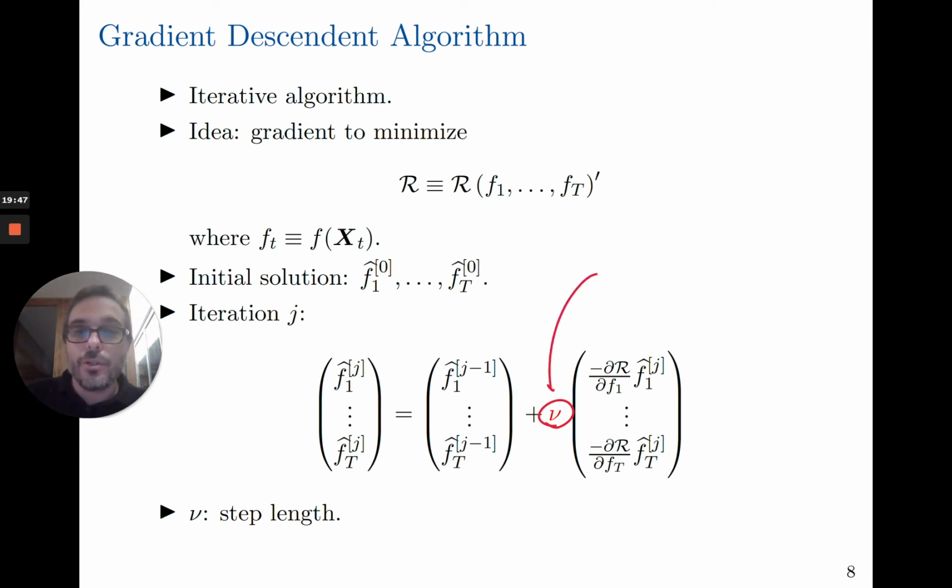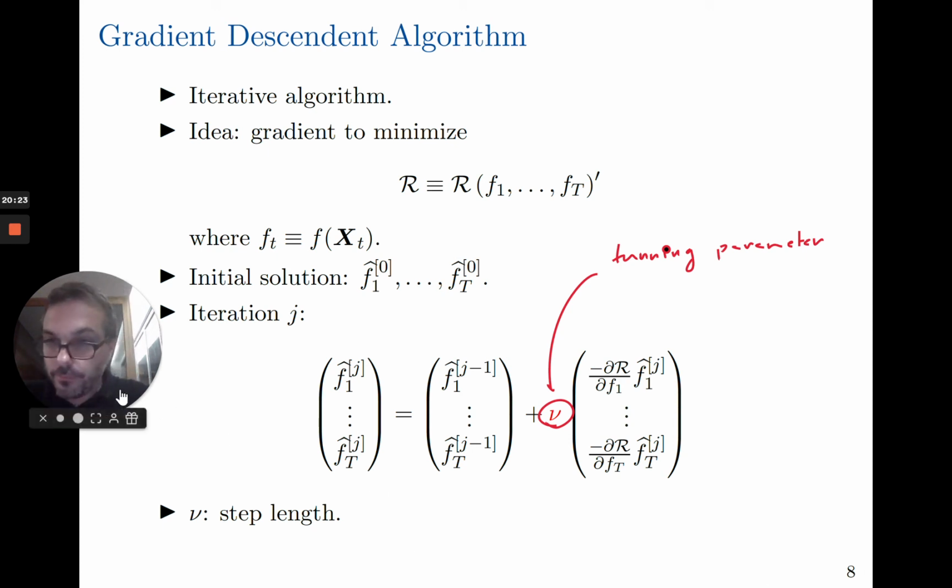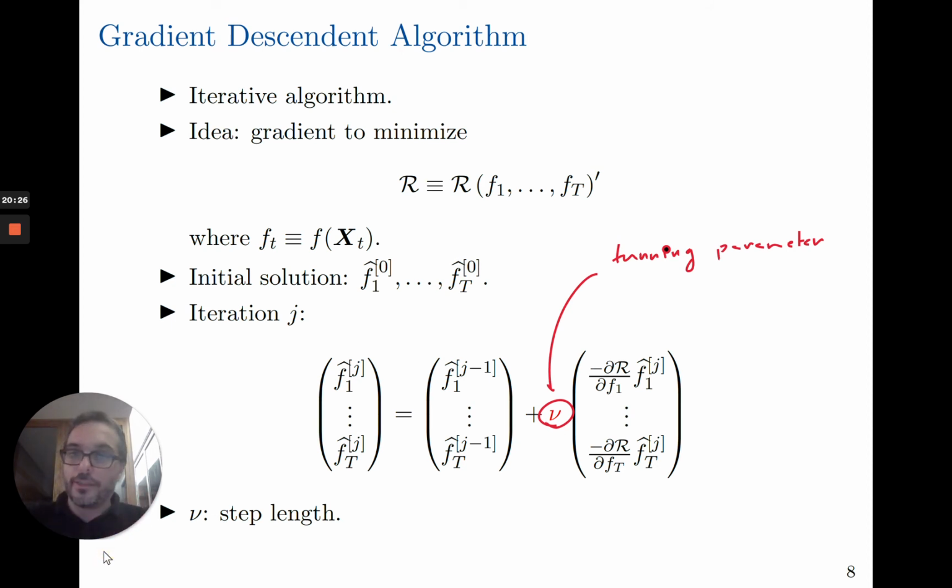This is a tuning parameter that we are going to choose in practice. Okay, there are some rules of thumb on how to choose it. It's better to keep it small than large, because if it's small, the only harm is that it takes forever, but you're not going to miss the hole. If you put it too large, you're going to go back and forth, back and forth, back and forth, and never reach the hole. Okay, but we are going to talk about this a little bit later.